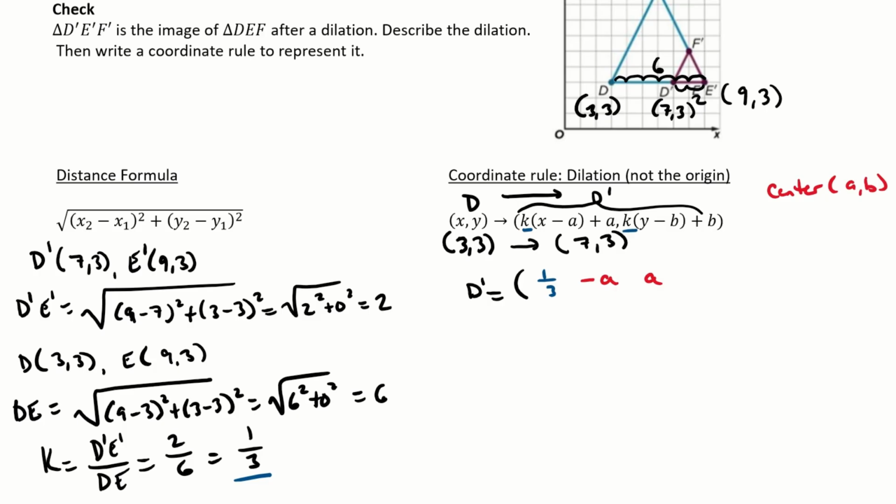And what is x? Well, x is going to be 3. See that? So we have 3 minus a plus a. And then we get k. And then y minus b. And what is y? Well, y is also 3. So 3 minus b plus b.